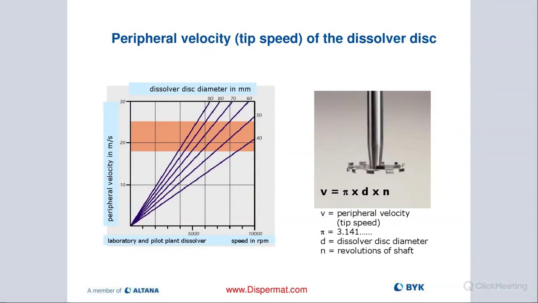So if it's a 50 millimeter blade, you would use 0.05, times 3.14, times, let's say, 2,000 or 3,000 RPMs, and then you divide everything by 60. That gives you meters per second. And that's the value we are looking for, anywhere between 18 and 25 when we are pre-dispersing, but 10 to 16 meters per second when we are milling. So that's an important calculation. You may want to write it down if it's not displayed on your dissolver or mill.